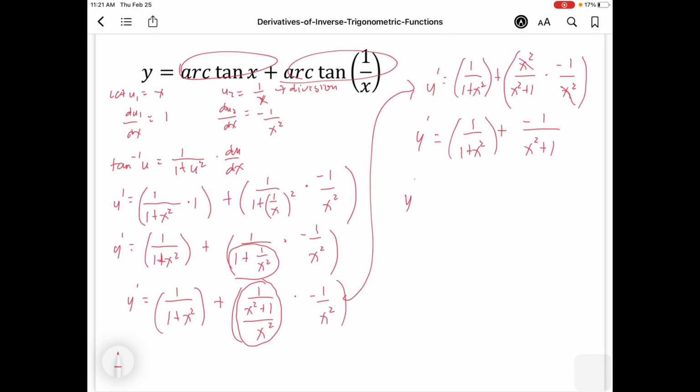So pag sinulat natin siya, this will be 1 over x squared plus 1 plus negative 1 over x squared plus 1. So they are the same, pero pag multiply natin to dito, this will be a negative. So magka-cancel out tayo. So magkakaroon tayo ng y prime is equal to 0 as the final answer.